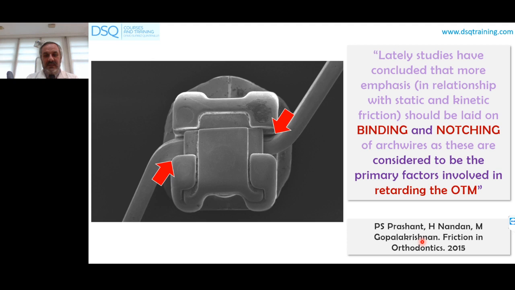For this reason, the binding and the notching, the attempt to introduce rectangular superelastic wires in these brackets produce a problem at the end of the treatment and a huge problem at the start of the treatment. We need to put, for example, in the self-ligating brackets, 2 or 3 round wires to get to 19 by 25.